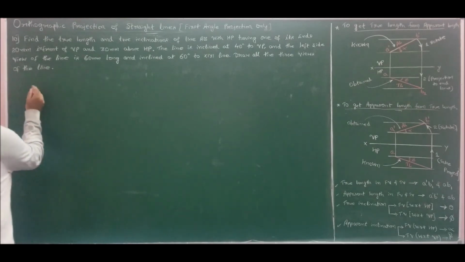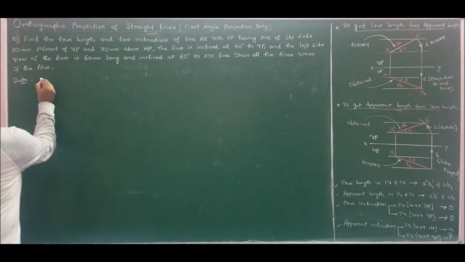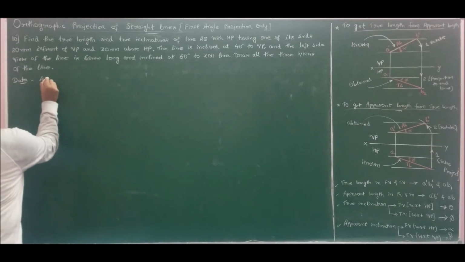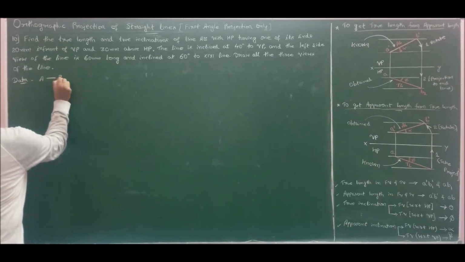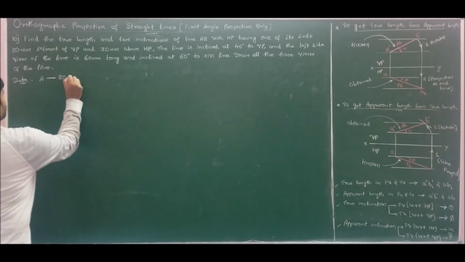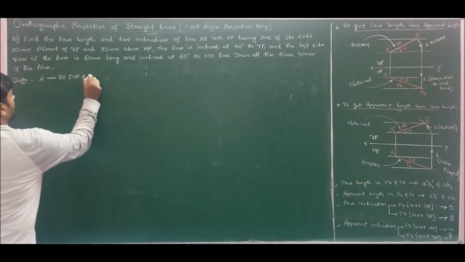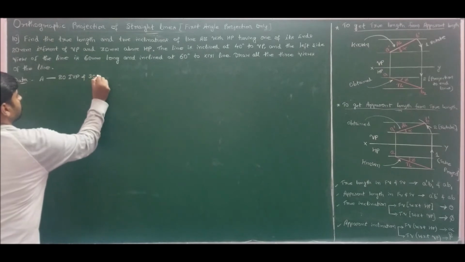If I note the data given for the problem, line AB has one of its ends 20 mm in front of VP and 30 mm above HP. Let us take it as the locus of A, which is 20 mm in front of VP and 30 mm above HP.